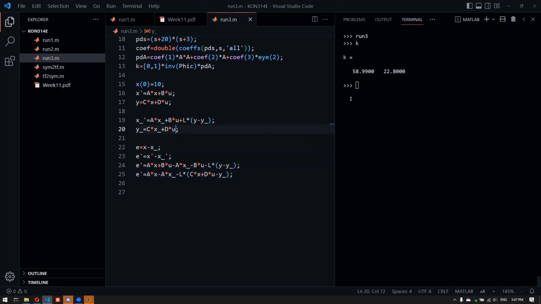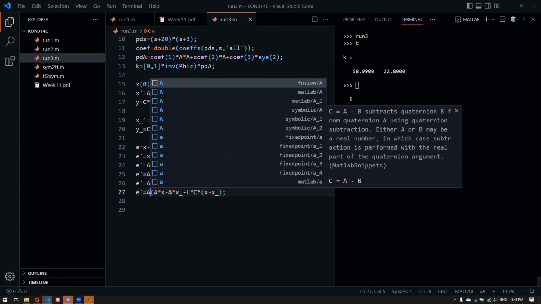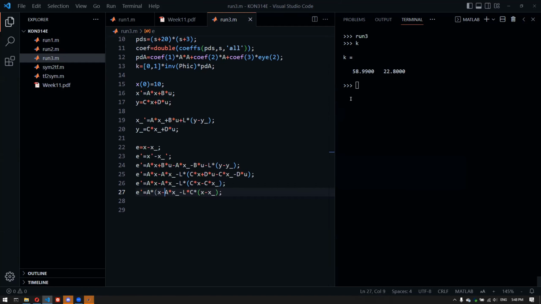Then we can take this part too and substitute it instead of y underscore, the estimate. Of course, this is a minus sign. So then you can see the du terms also vanish here. Plus du minus du, they're gone. And we have a common term c. And there we go. Now there's also a common term here, which is basically a. This one is gone. This one is gone. And there we go.